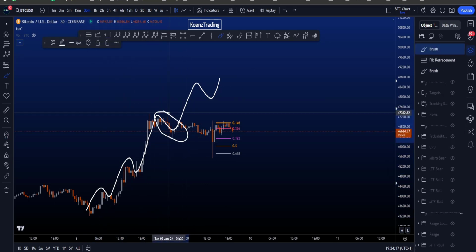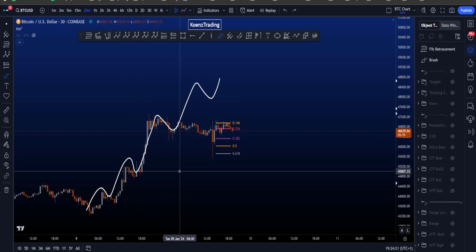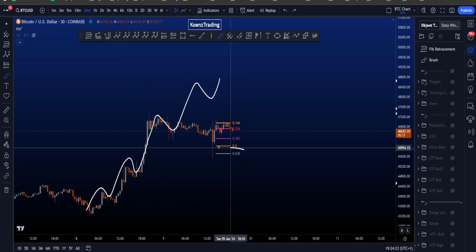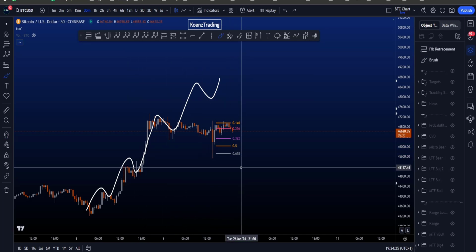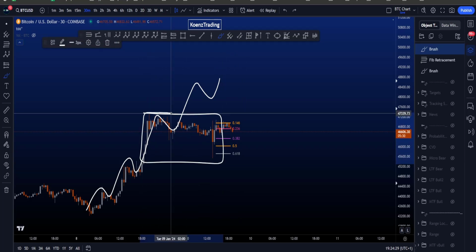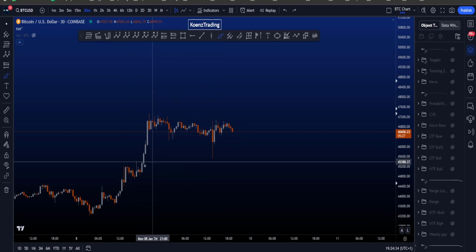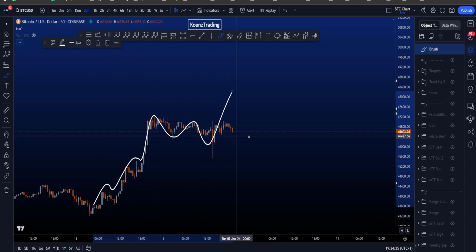So the first wave 4 should be of the same degree as the second wave 2. However, a wave 4 is not allowed to hit the 0.618 as it lowers the probabilities of a wave 4, and also time-wise, this range is very, very long compared to this wave 4, lowering the probabilities of this particular structure, right?